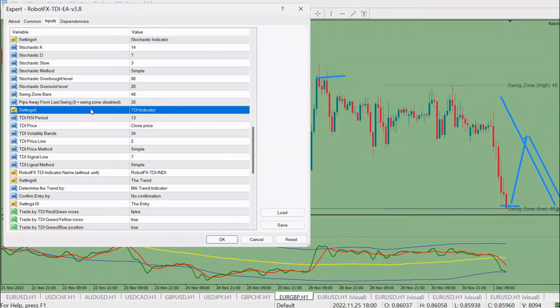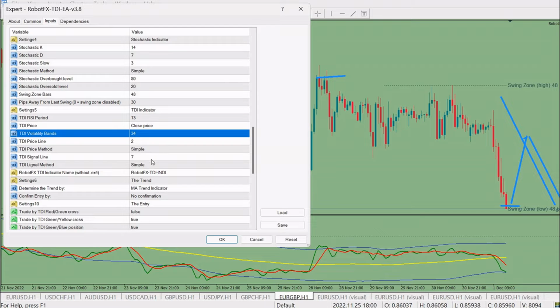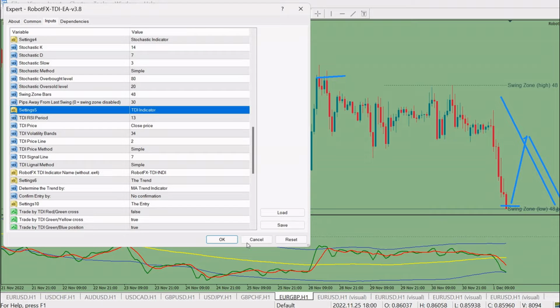The next settings refer to, finally, the TDI settings, and I will not go through this and explain the TDI method. I have already explained how to use it. I have to say though that the expert advisor does not need the TDI indicator on the chart.